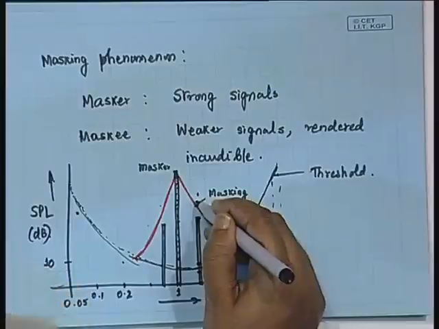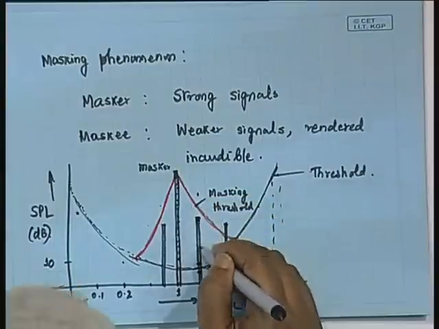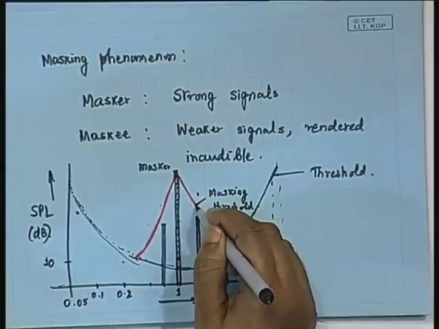Take advantage of that, in the sense that in the presence of such strong masking signals, you can afford to keep a lower number of bits because your masking threshold is high. So, you can afford to keep your quantization noise on a sufficiently higher side.